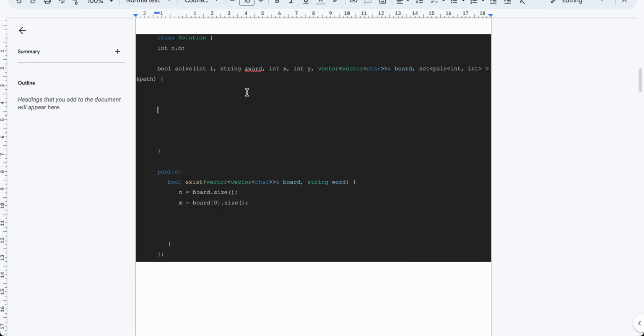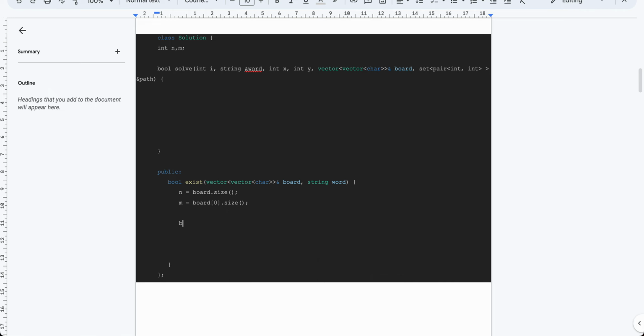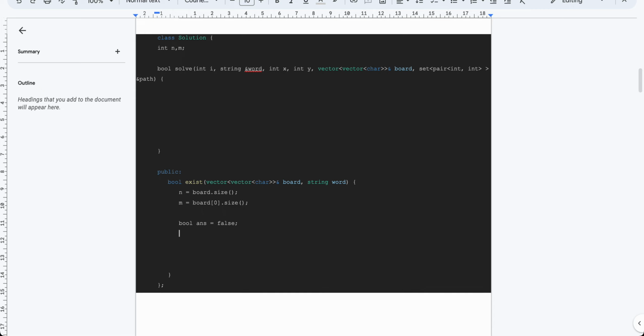So I and x and y, this should be equal. I should try from all the possible paths, right? So bool answer is false, and let's go to all the possible positions, I less than n, I plus plus.